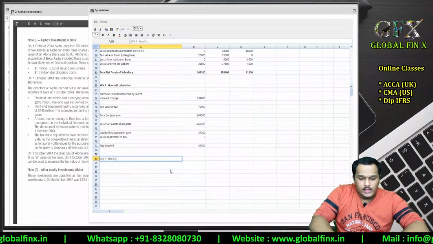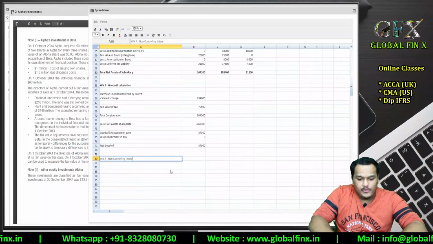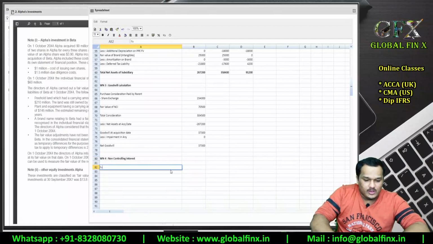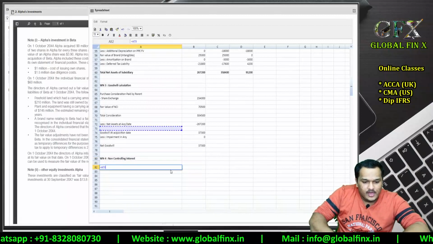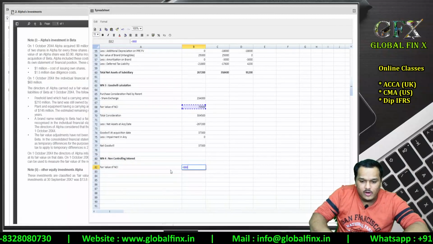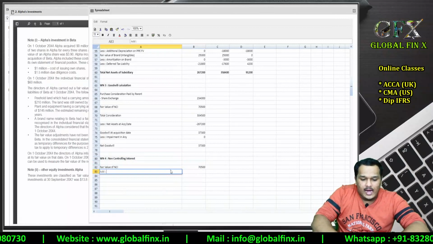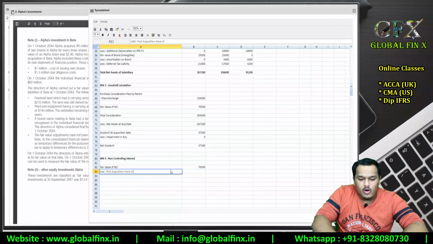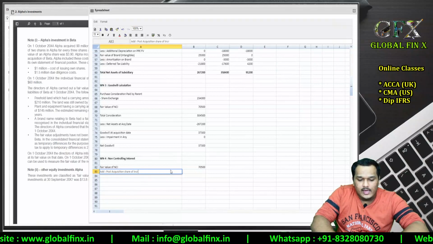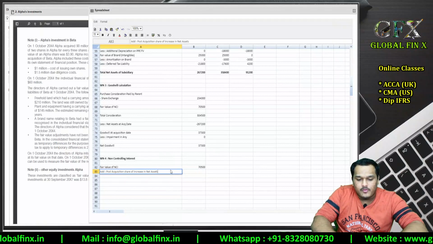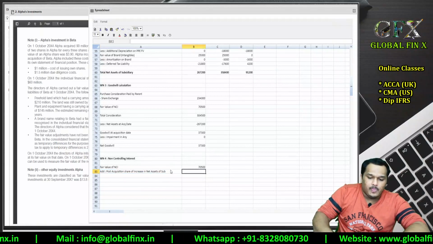Then moving further, working note number 4, that is non-controlling interest. So non-controlling interest fair, okay, I'll just copy this. Fair value of NCI at acquisition date is 70,500. I already have that information. Add post acquisition share of increase in net assets of subsidiary.